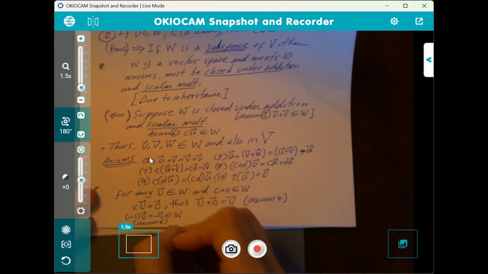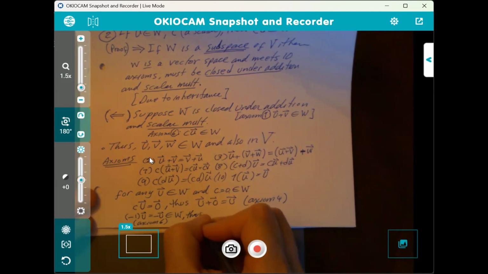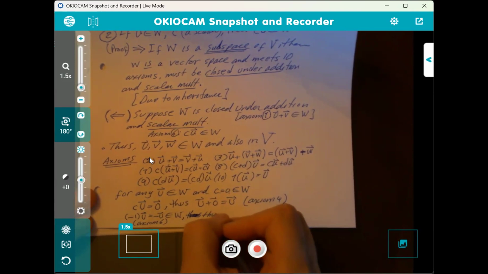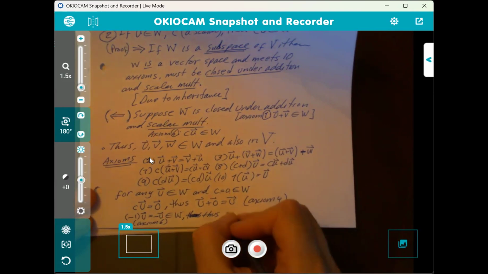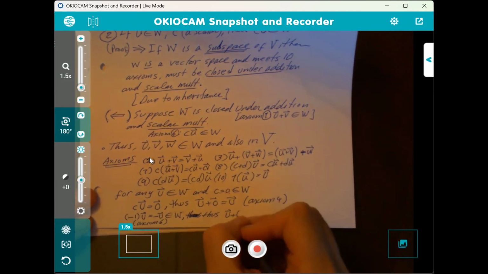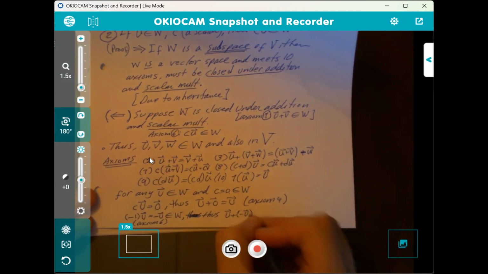Okay. And so if that is true, thus negative of u is in there. Therefore, it is possible to add u plus negative of u because it exists.